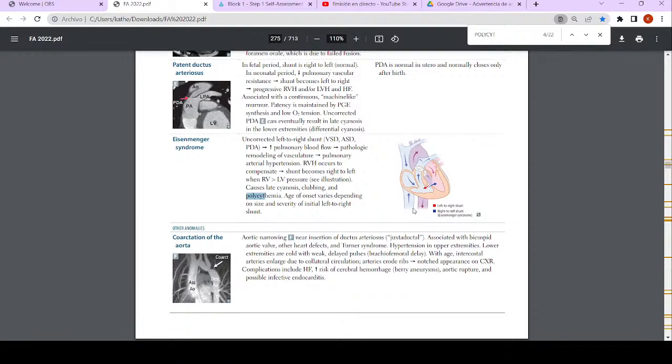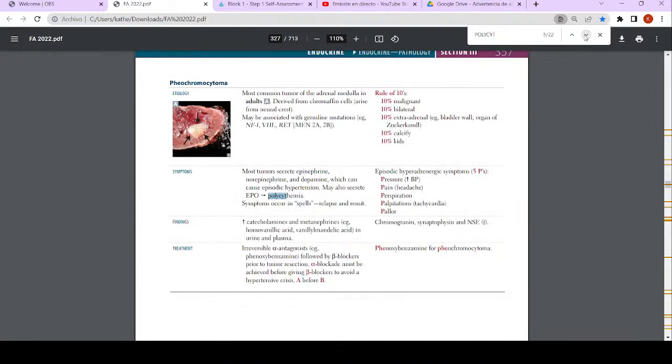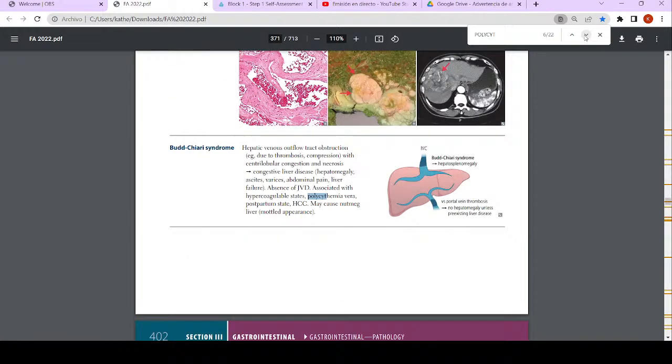Because the right ventricle has more pressure than the left, it can have polycythemia too.